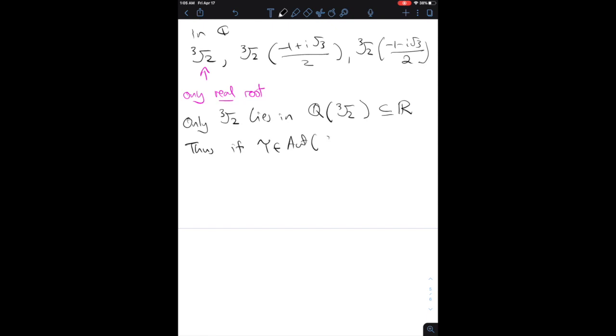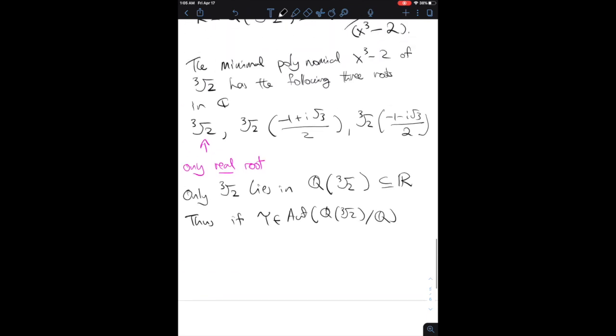Okay, so now if tau is some automorphism of the field extension which fixes Q, then first of all, it has to take the cube root of 2 to another one of the roots of the minimal polynomial.